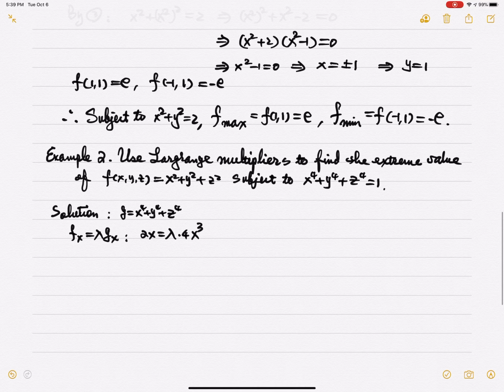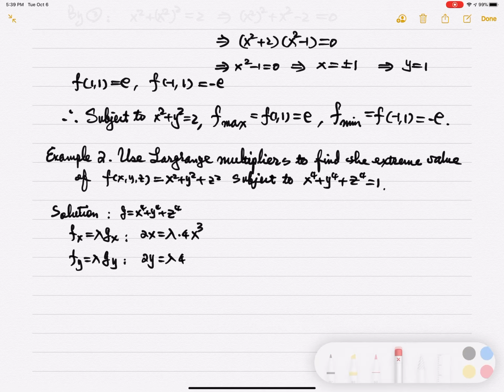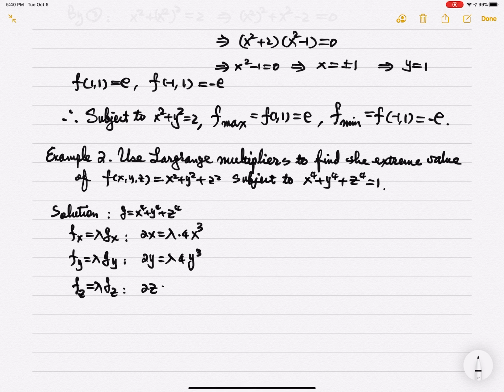And then f sub y equal to lambda g sub y, so we have 2y equal to lambda times 4y to the third. And f sub z equal to lambda g sub z, so 2z equal to lambda times 4z to the third. Okay, so we have this.